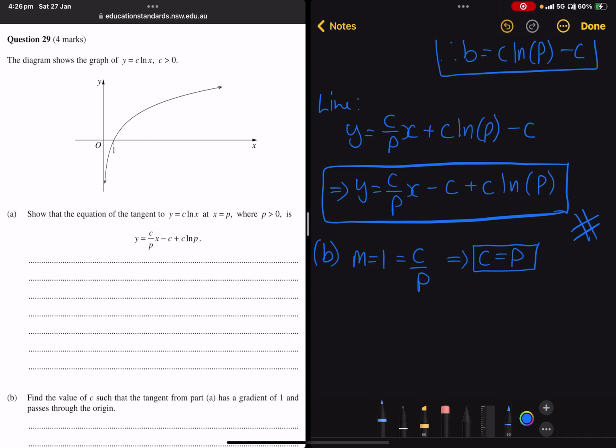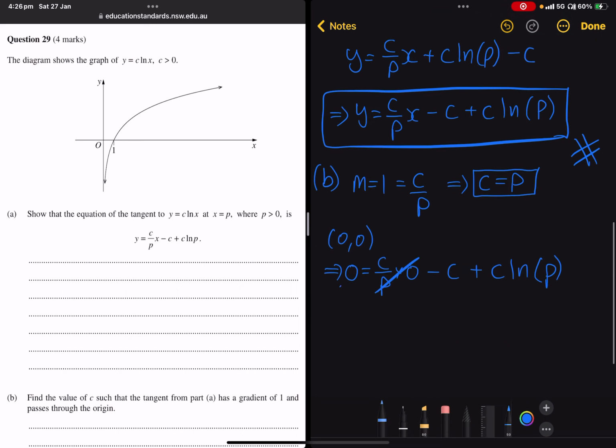Passes through the origin means x is 0 and y is 0 will be a point that satisfies this tangent line. So x is 0, y is 0 implies that 0 is equal to c on p times 0 minus c plus c ln p. This is 0, this is 0. Add c to both sides.